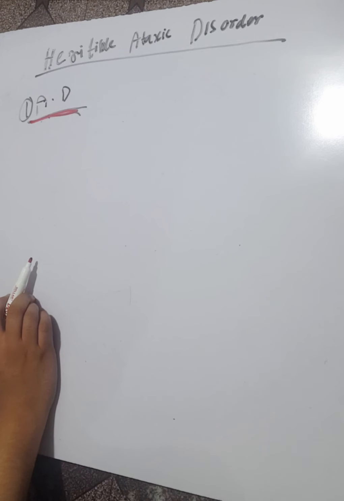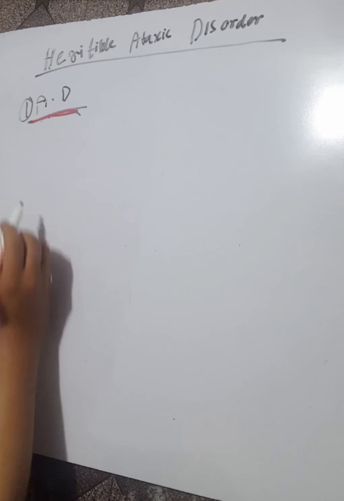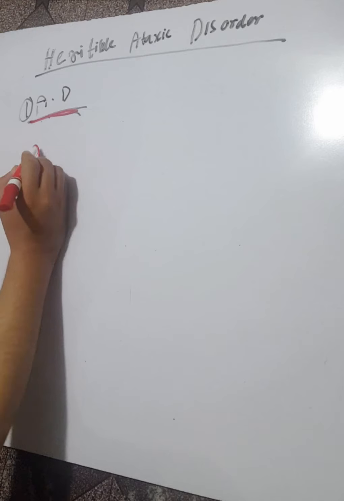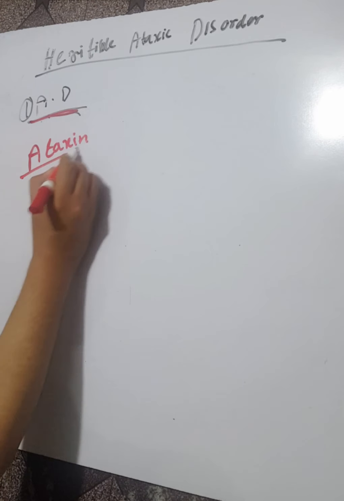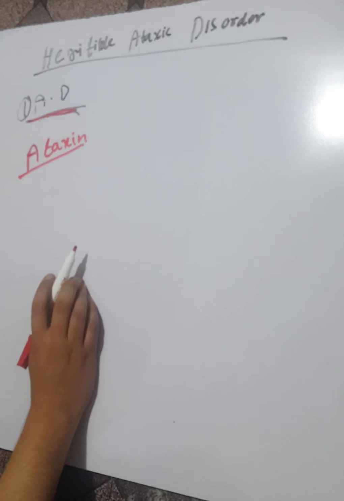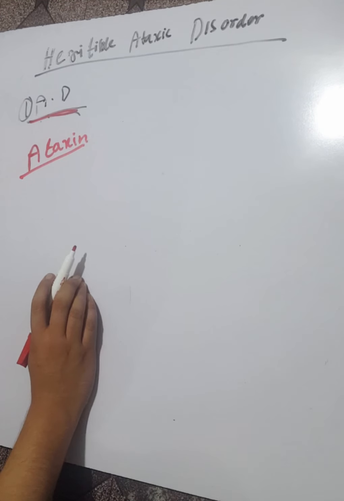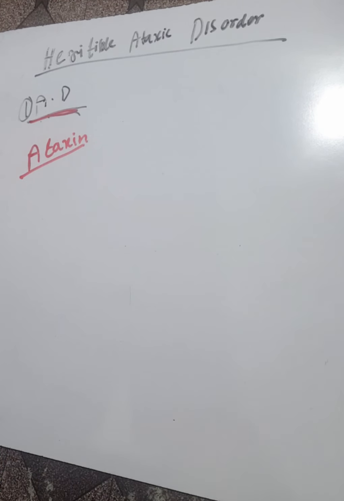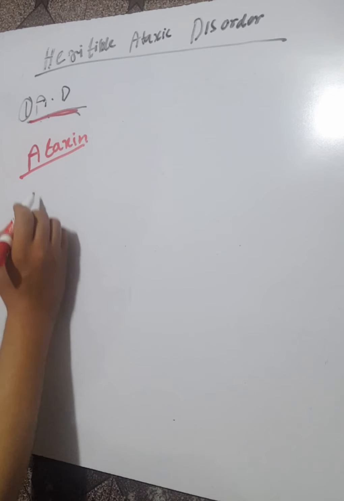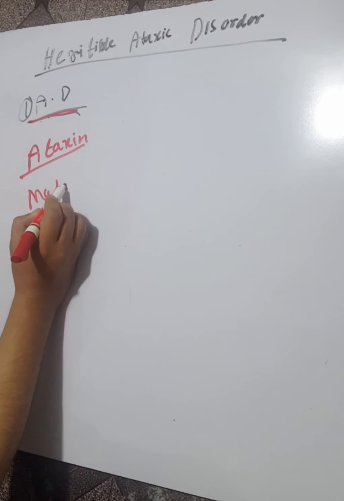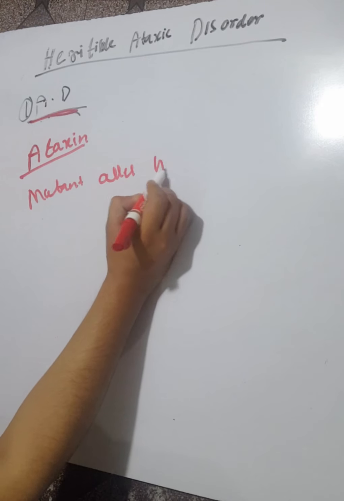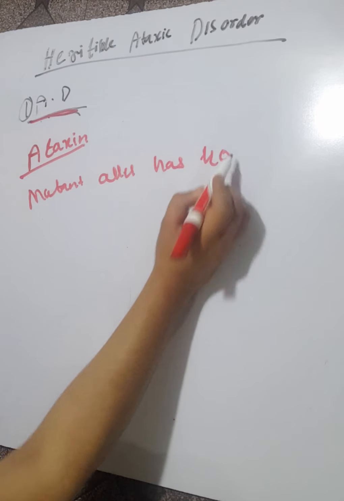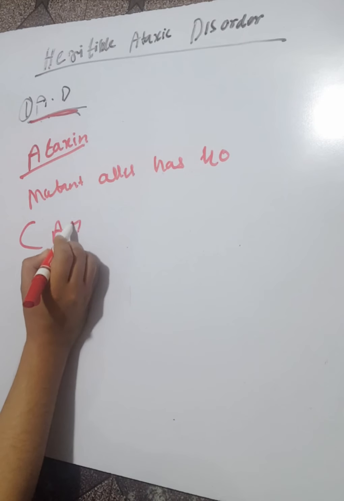There is a mutation in the gene that synthesizes a protein called ataxin. The mutant allele has 40 CAG repeats.